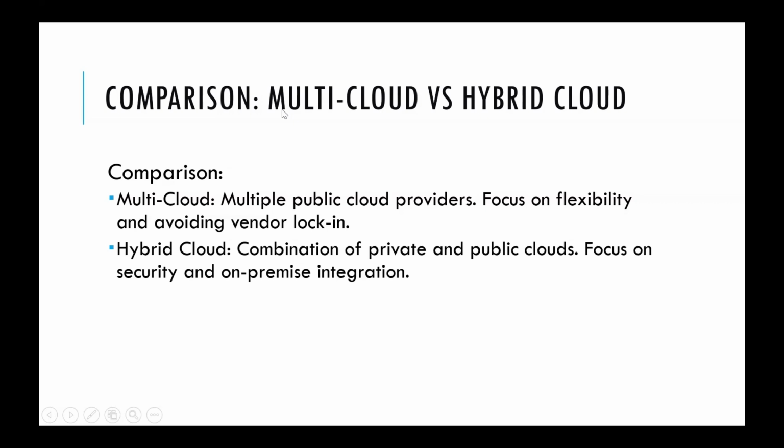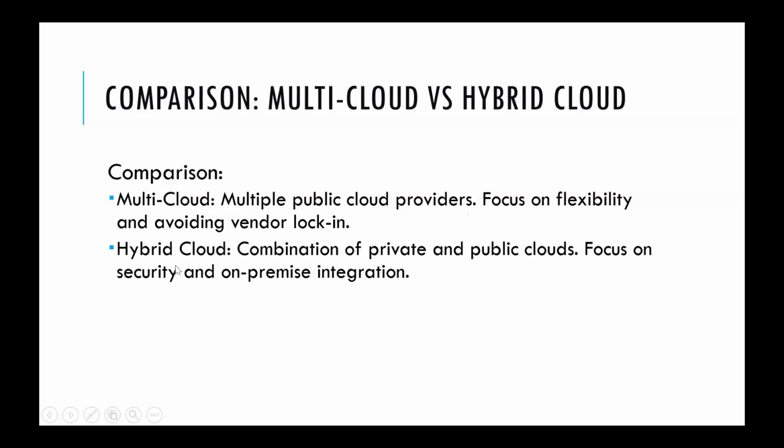You can say hybrid cloud is also similar, right? Let's see the differences. What are the differences between multi-cloud and hybrid cloud? In case of multi-cloud, multiple public cloud providers, and this focuses on flexibility and avoiding vendor lock-in.